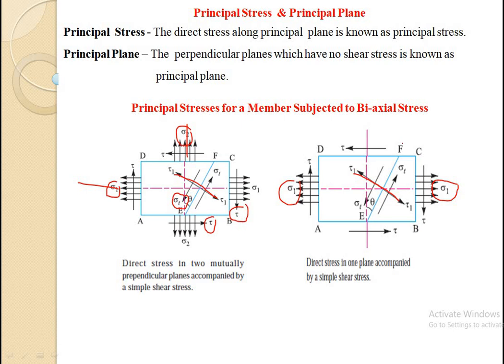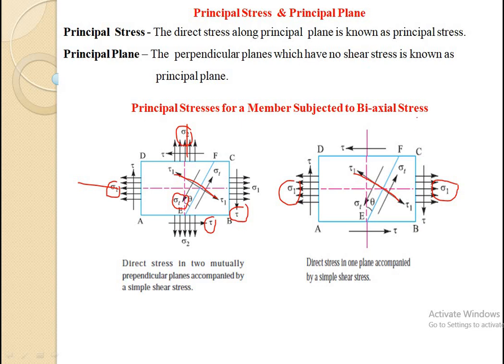If we take the example of this diagram, consider this rectangular section ABCD. On this rectangular section, the normal stress, that is the direct stress sigma 1, acts on the perpendicular plane, and tau acts perpendicular to the normal stress at 90 degrees. Then according to the definition, a perpendicular plane which has no shear stress is known as the principal plane.